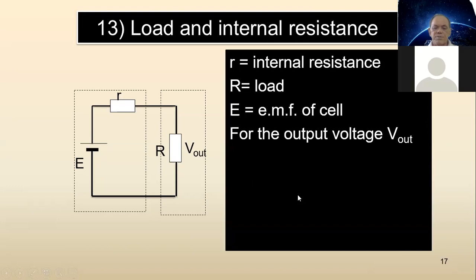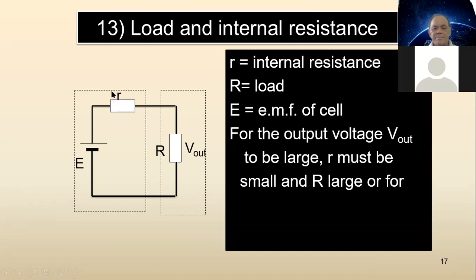For the output voltage to be large, it means you want all the EMF to fall on the output, then r must be small. Or the alternative is to make this capital R, the load, as large as possible. If we make it infinite, so much better. Infinite, all the EMF will be across Vout. We don't have to worry about this one.